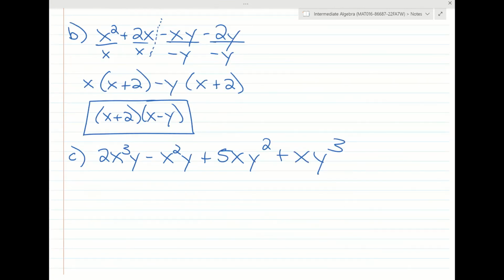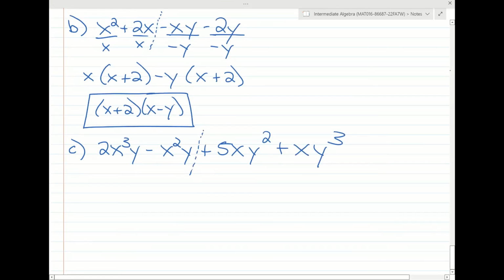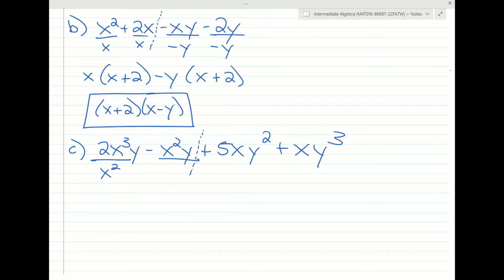All right, so let's go ahead and cut it down the middle. Looks like both terms have an x to the third, x to the second. The smallest power would just be x squared. And then both terms have a y. So factoring that out, we're left with just 2x minus 1. And in the second group, it's like we could take out an x and a y squared.